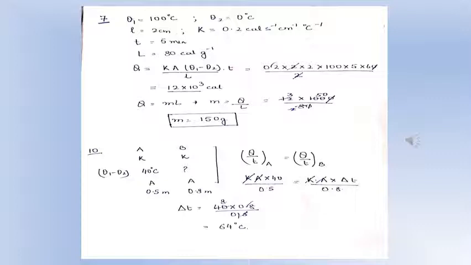That means Q upon T for A will be equal to Q upon T for B. They are of the same metal, that means their thermal conductivities are same, their area of cross sections are same. Therefore, the difference in temperature of A divided by its length will be equal to delta T, which is the difference in temperature for B divided by the length of B, that is 0.8, and the difference in temperature across the ends of rod B comes out as 64 degrees Celsius.